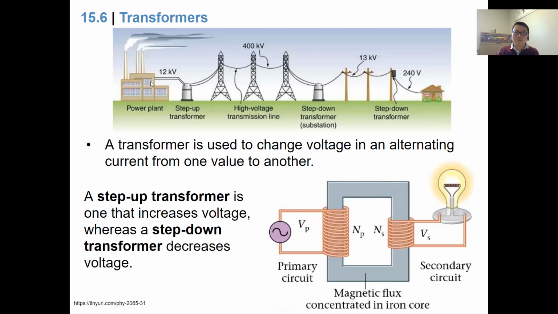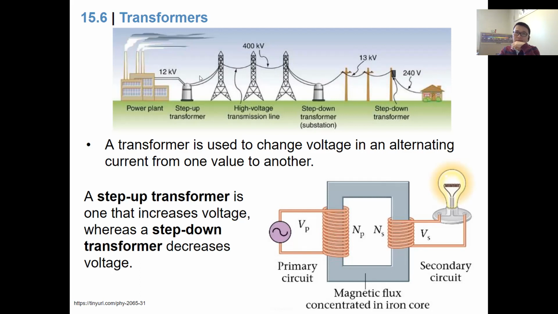So power output is equal to a constant throughout. When you have higher voltage, you have smaller current. Small current in the wire results in smaller power dissipation to the environment, so power equals I squared times R.